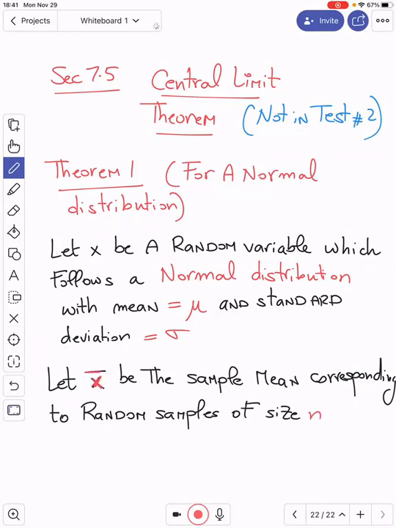The x bar is just the sample mean corresponding to samples of size n, taken from the x distribution.